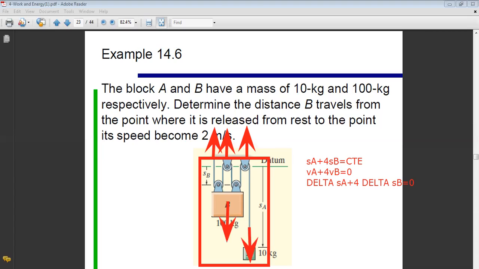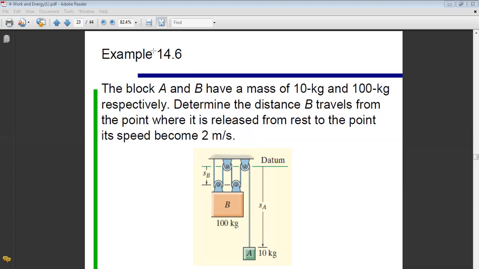Now what we will do, we will write the principle of work and energy. So the principle of work and energy is T1, the initial kinetic energy of the system, so we should put the sum of initial kinetic energies, plus the sum of work of forces.